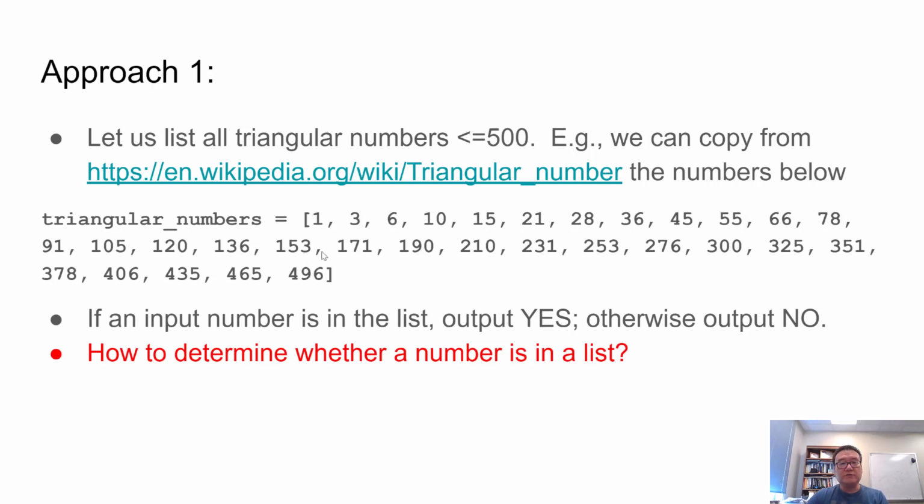Once we have these numbers in the list, we just need to check whether an input number is in the list. If it is, then we'll output yes. Otherwise, we'll output no. So the question is, how do we determine whether a number is in a list or not?